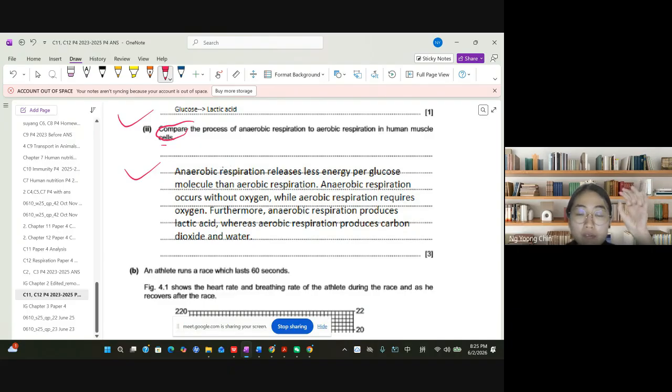Anaerobic respiration releases less energy per glucose molecule, or you can write it this way: anaerobic respiration occurs in the absence of oxygen, while aerobic respiration requires oxygen. Okay, and then you can write that anaerobic respiration produces lactic acid, while aerobic respiration produces carbon dioxide and water. Yeah. So this is whenever the question is about compare.